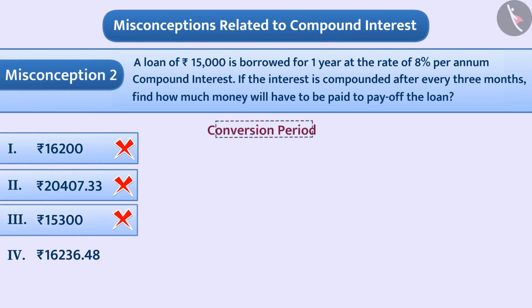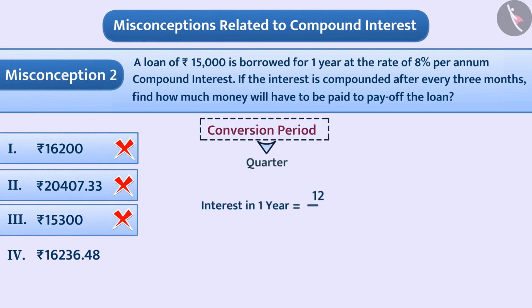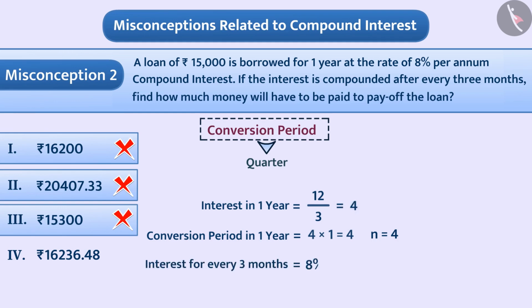The conversion period here is quarter. Since the interest will be compounded 12 by 3 is equal to 4 times in a year, we say that the conversion period in a given time, that is 1 year, will be 4 multiplied by 1 is equal to 4. That is, we have taken n is equal to 4. Since interest is calculated 4 times in a year, we have to take 8% divided by 4 is equal to 2% for every 3 months.